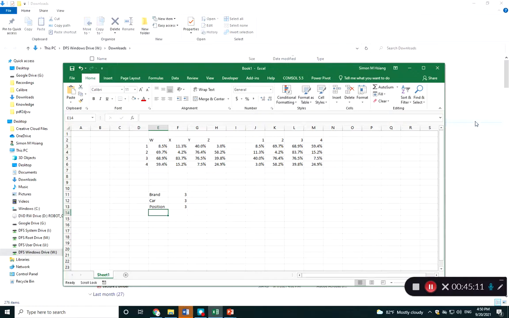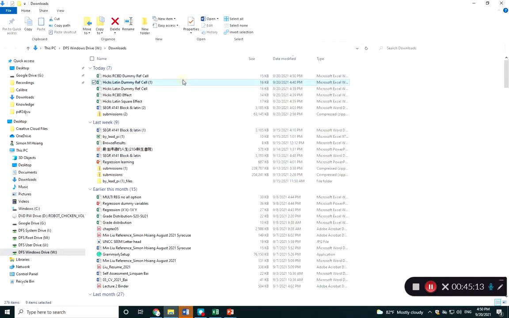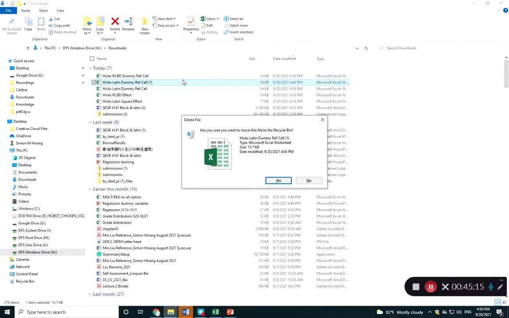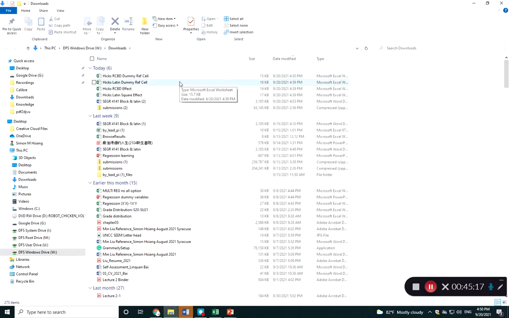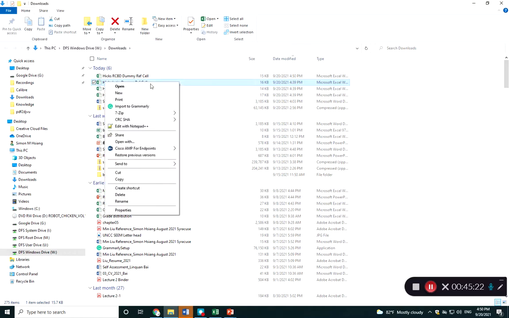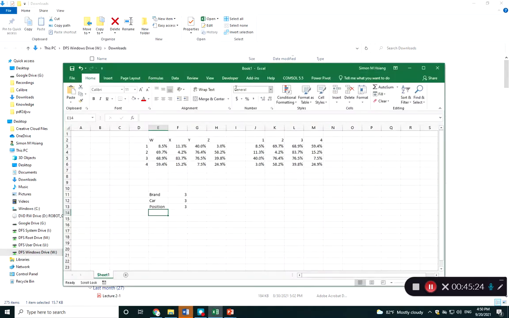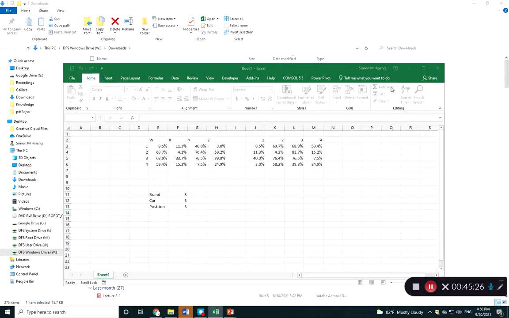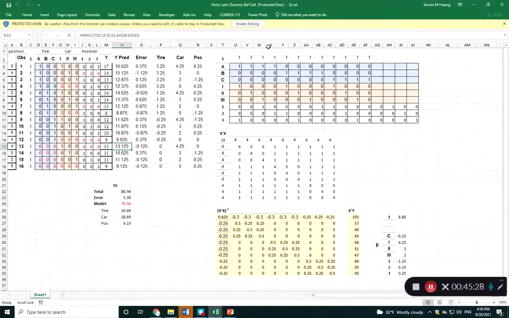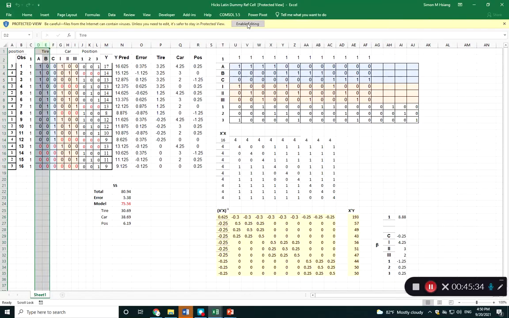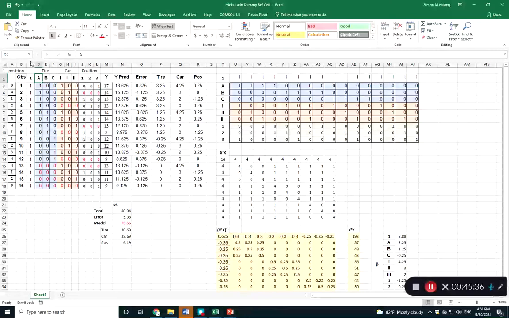Now let me try another one. Now let me try the Latin square. Latin square is blocking with some extra effect, right? So how is that extra effect going to look? People, I have 3 columns for my tire.